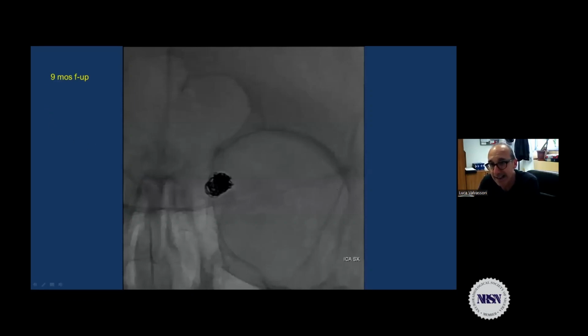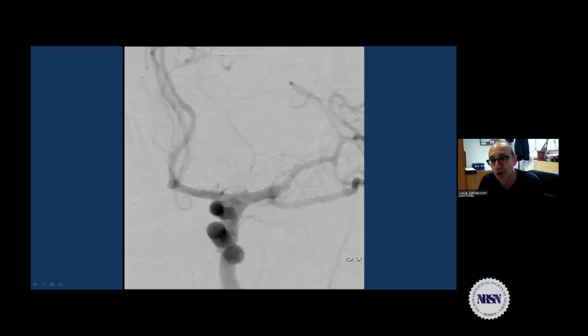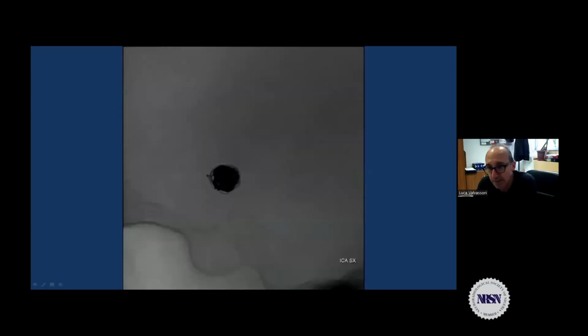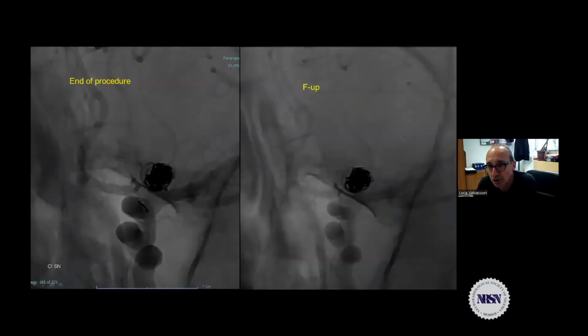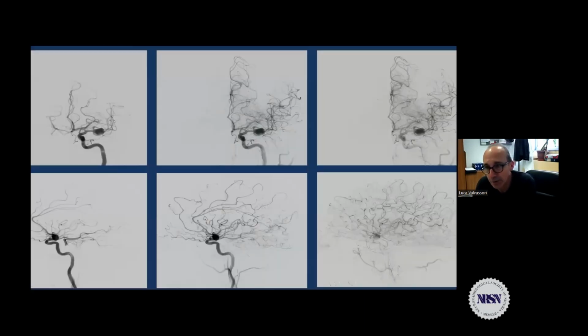And this is the 9-month follow-up. And the result is really nice. No recanalization. Is that the future? Maybe for some aneurysm, that could be a good solution. Maybe even in the acute phase.